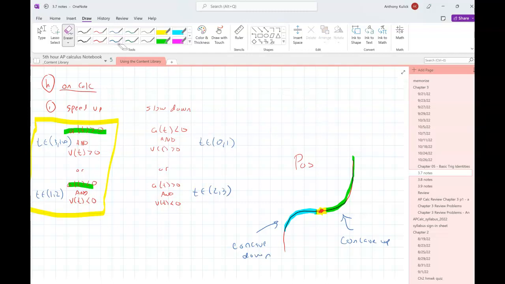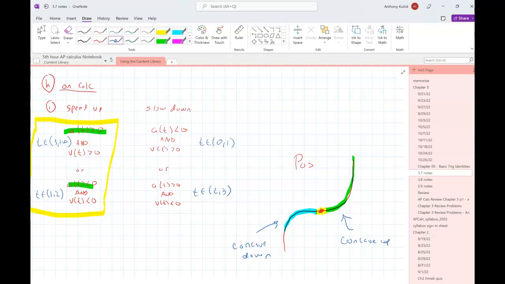So that's what I'm going to be looking for: the places where the graph is increasing and concave up, or decreasing and concave down. Either one of those two would indicate speeding up. Sophia? At the top part of the concave up, when it's in a straight line, is that still speeding up? Yeah.